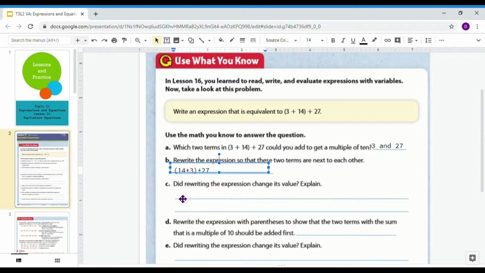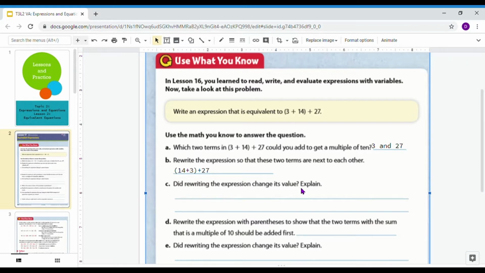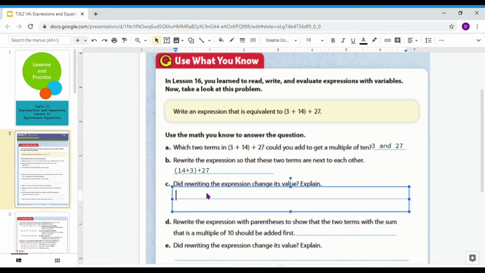But did this change the value of the expression? If I were to solve this expression here, and if I were to solve the expression up here, would it be the same? 100%. So I did not change the value. Because when you're adding numbers, the order of the numbers does not matter.